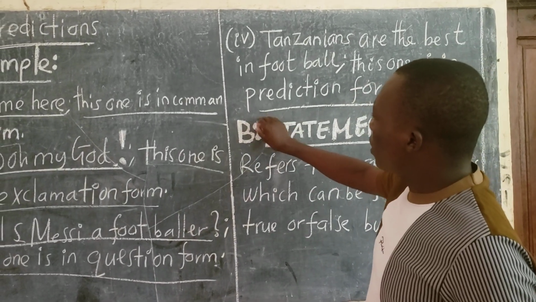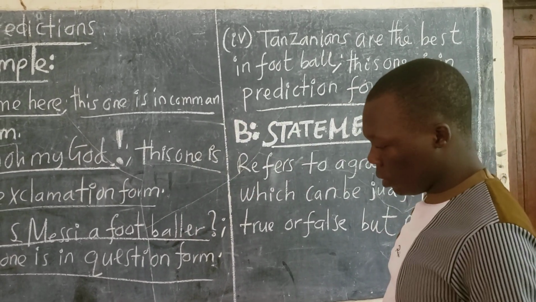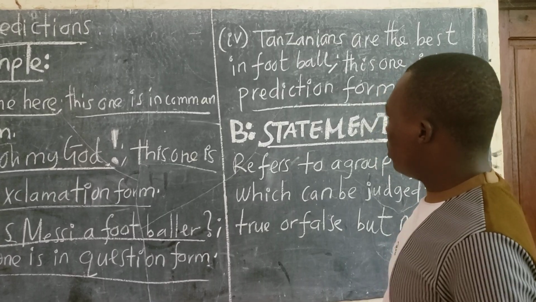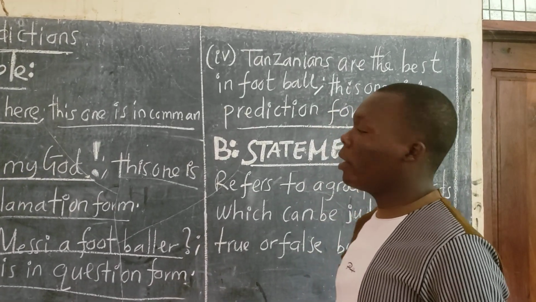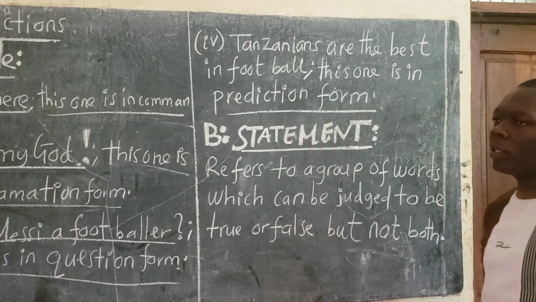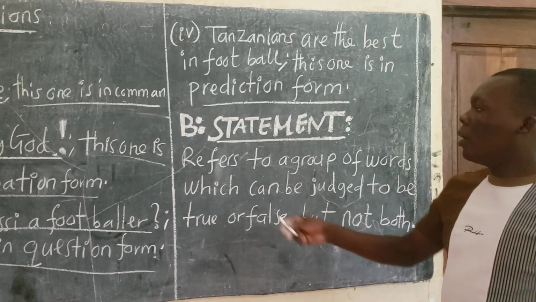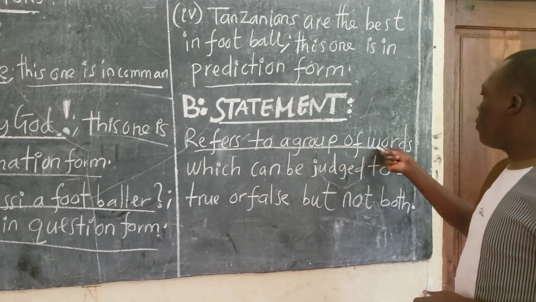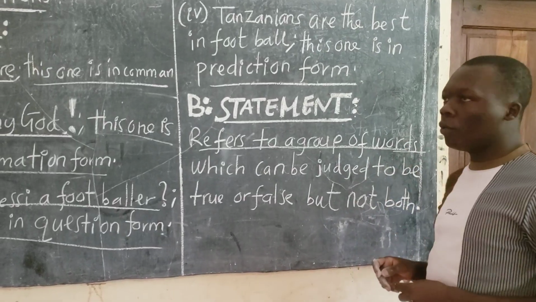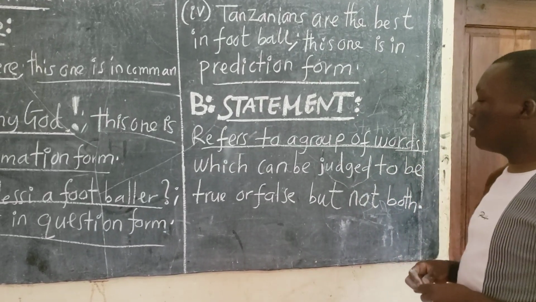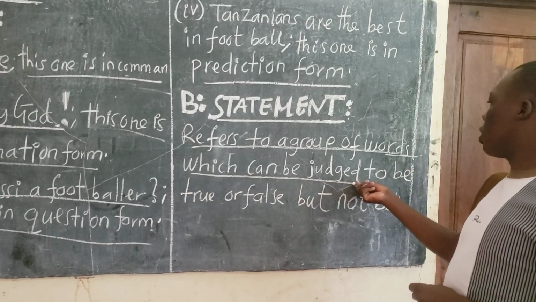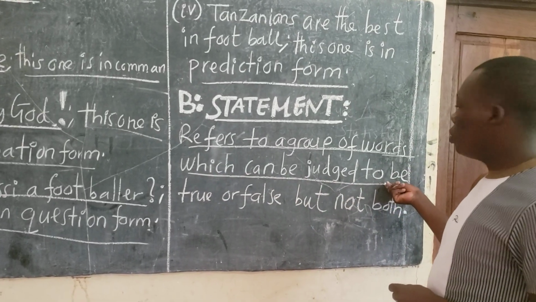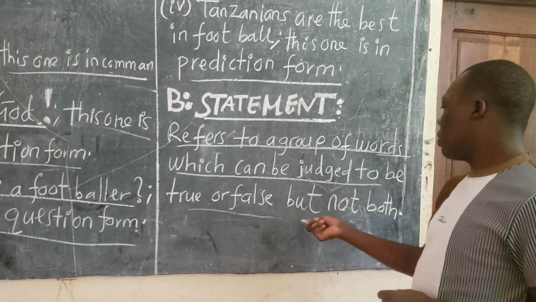Also, let us talk about the statement. Statement is our main topic in logic. So now, what is a statement? A statement refers to a group of words which can be judged to be true or false, but not both.